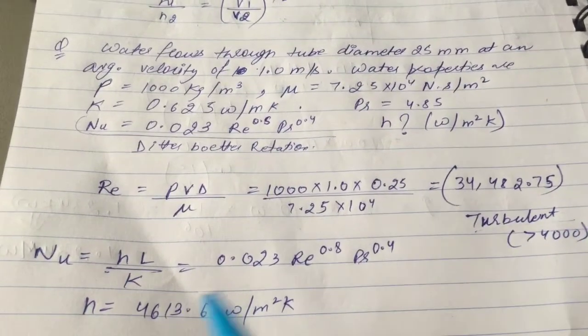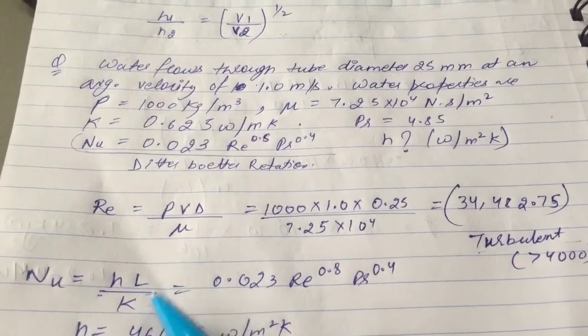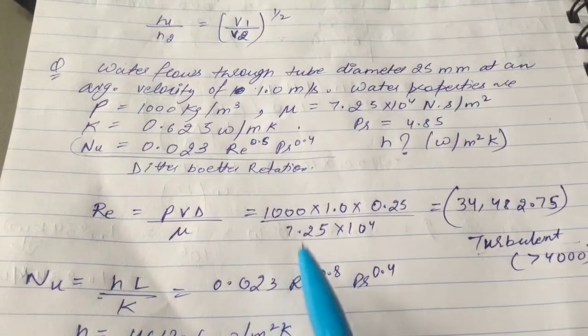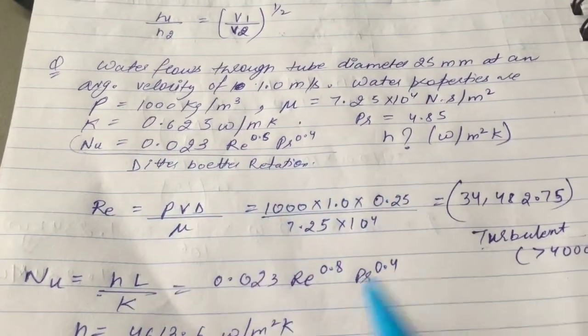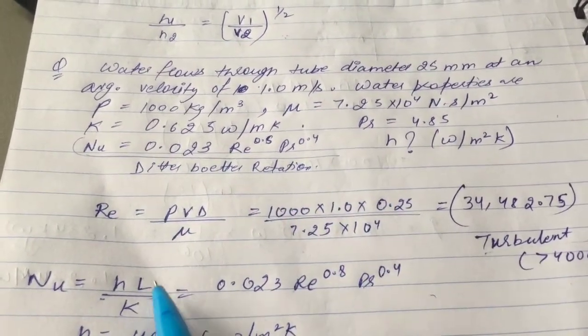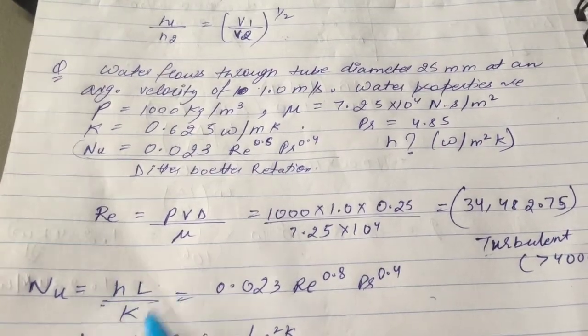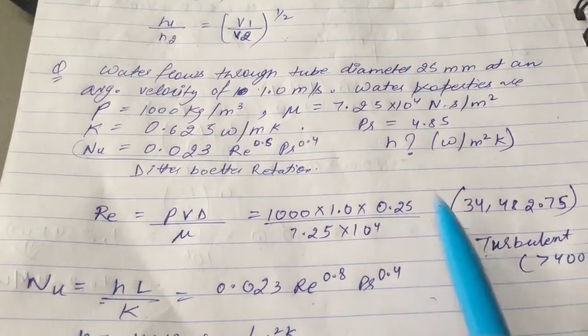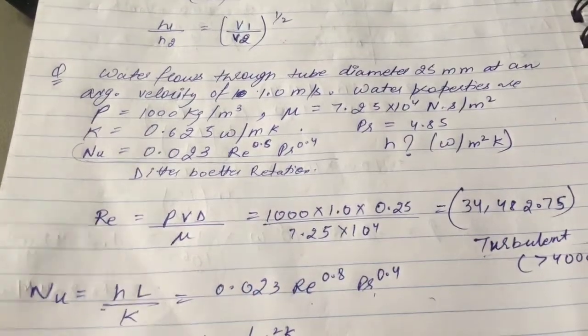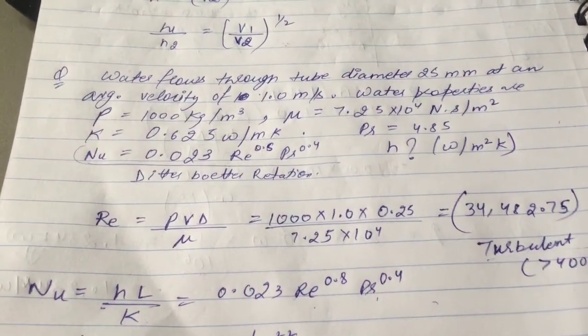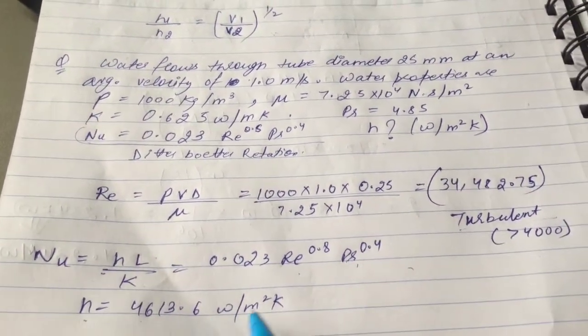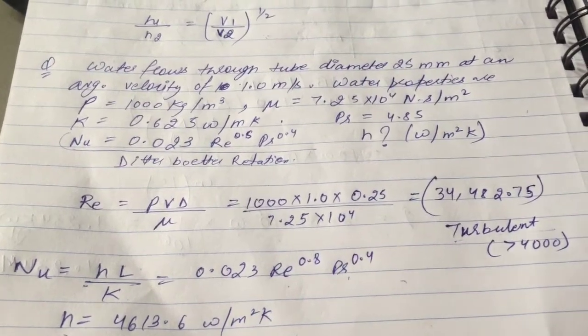Nusselt number is equal to hL by k, which is equal to the given Dittus-Boelter relation. Putting in the values of L, k, Reynolds number and Prandtl number given in the question, we can find h equal to 4613.6 watt per meter square Kelvin.